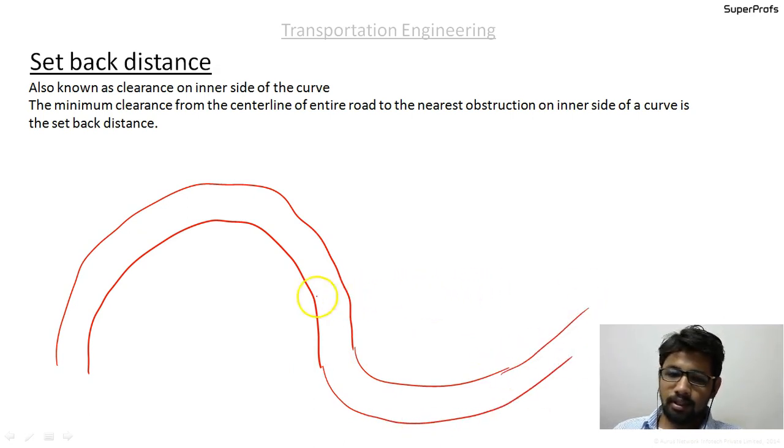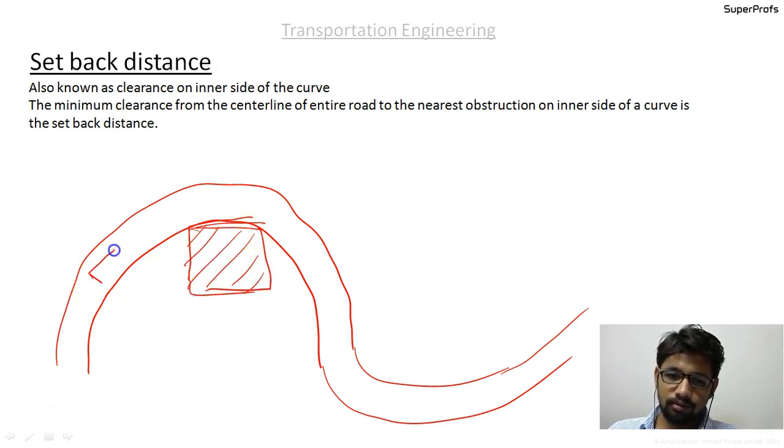So what happens is that the road has got something in the adjacent. Suppose that there is a building being constructed over here. Such a kind of rectangular building is constructed over here, and the vehicle is moving like this. Suppose this is a one-way road, and this is the track of the vehicle.